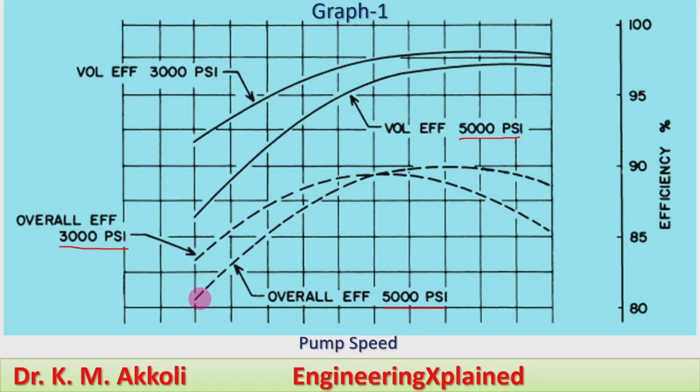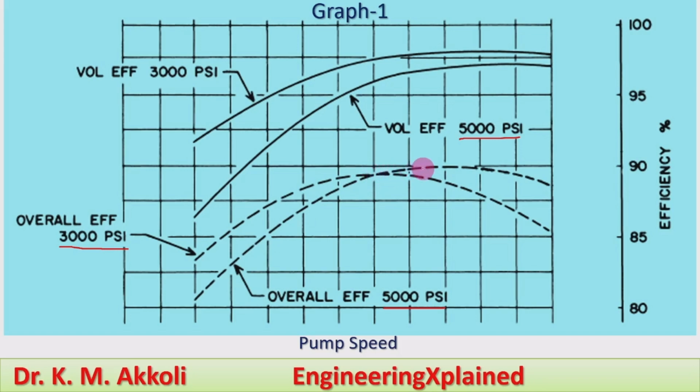Like the volumetric efficiency, it increases as the speed increases, and reaches the point where the 3000 psi pump also reaches its maximum, and later on it does not decrease drastically.